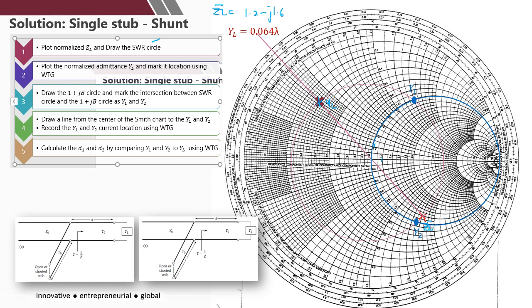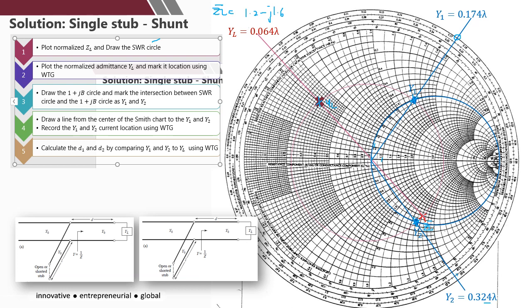So now you have the intersection here, Y1 and also Y2. Then draw the line from the center of the Smith chart to Y1 and Y2 and record the current location using WTG. So Y1, you get 0.174, and then Y2 from the center, it's 0.324.